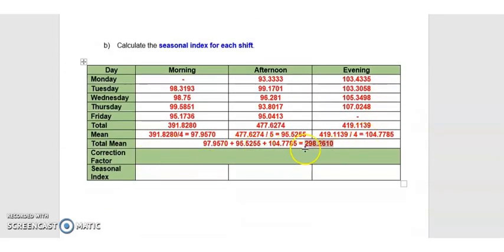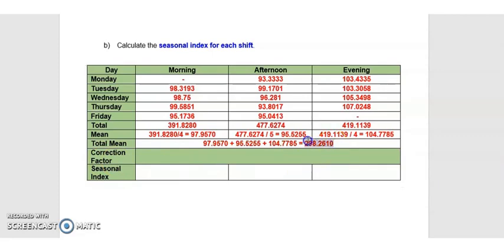If you look at total mean here, we only get 298.2610, which means it is not exactly 300. So we calculate correction factor if total mean is not exactly 300, or if you get more than 300 also.